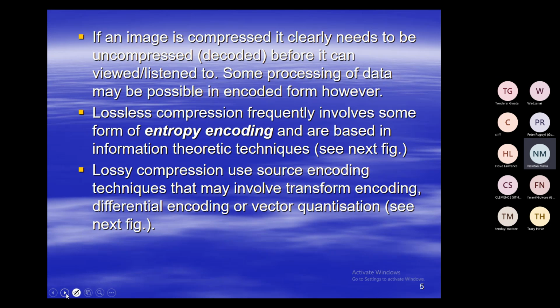What do we mean? We analyze the characteristics of information. When we are sending a text file, we are sending a stream of zeros and ones to you. So when we send that stream, we analyze it to say, how can we make it short?